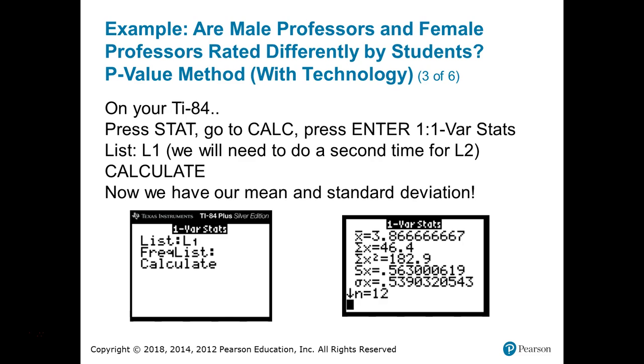And then on your TI-84, now press Stat, go to Calc. When you go to Calc, you hit the right arrow once. And then we're going to hit Enter for one variable statistics. And then for your list L1, it will give you your information that you're interested in, and you have to do that a second time for L2.